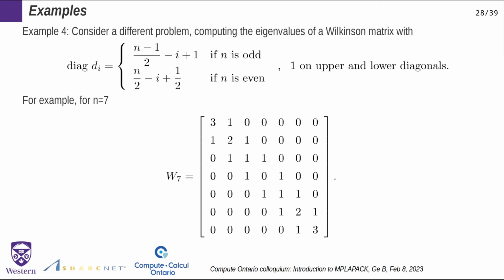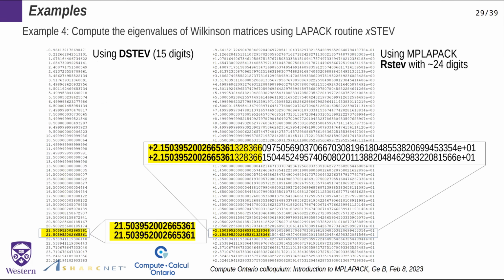And here we show the example for size 7. We have the non-zero elements on the diagonal and the ones on the off diagonals. And we compute the eigenvalues of this matrix. And here we're looking at the Wilkinson matrix of size 50.